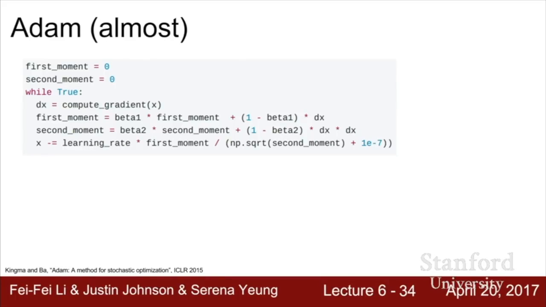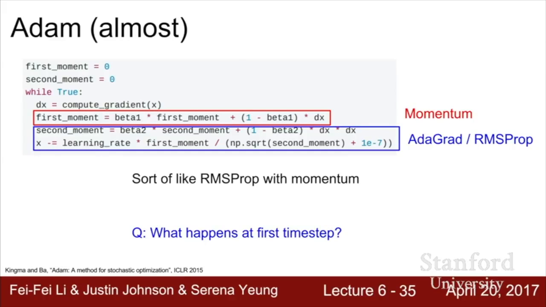So here with Adam, we maintain an estimate of the first moment and the second moment. In the red, we make this estimate of the first moment as a weighted sum of our gradients, and we have this moving estimate of the second moment, like Adagrad and like RMS-prop, which is a moving estimate of our squared gradients.